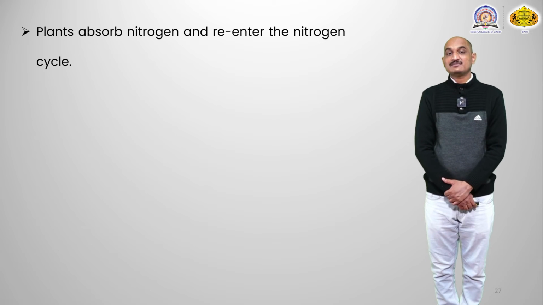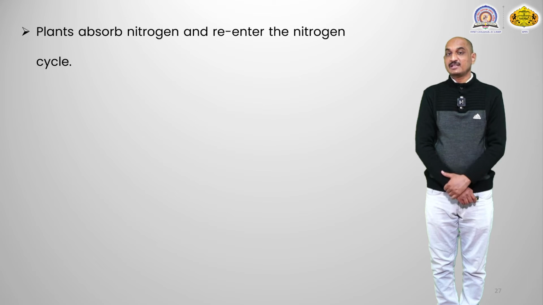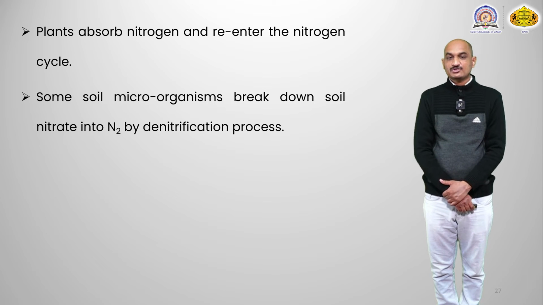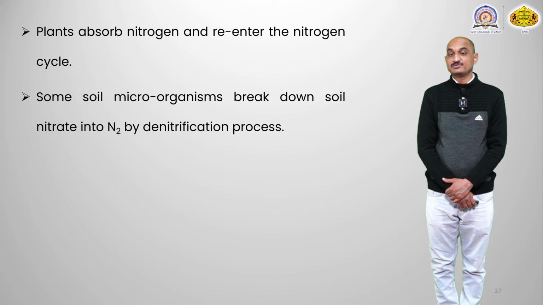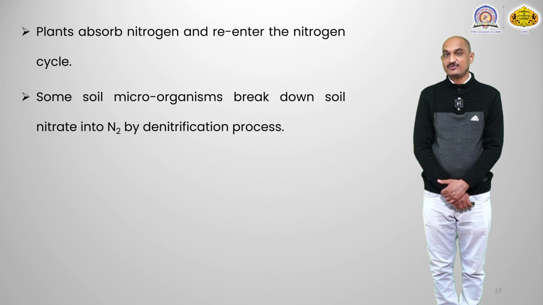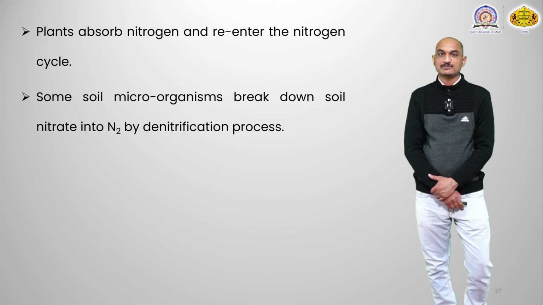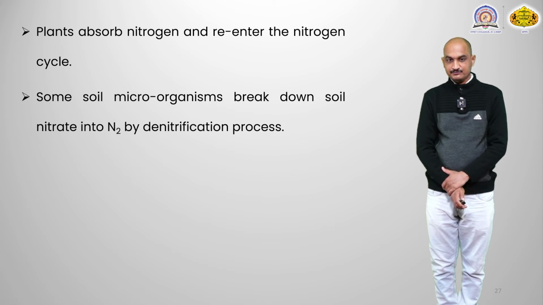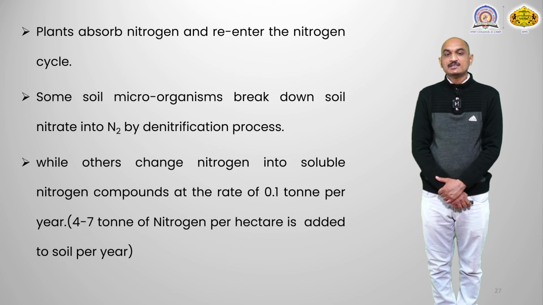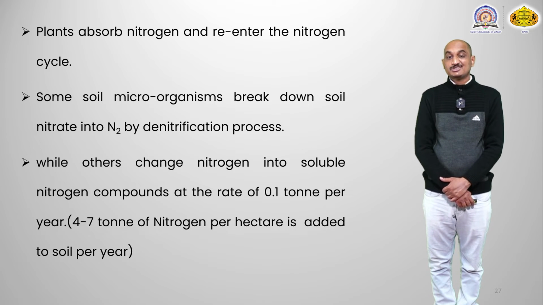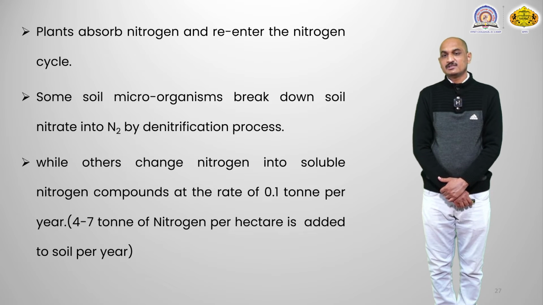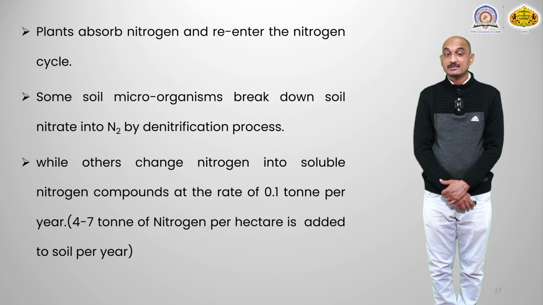So plants absorb the nitrogen and it re-enters into the nitrogen cycle. We know that some soil microorganisms break down the soil nitrates into nitrogen by the denitrification process. That is, the role of microorganisms is also important in the nitrogen fixation or denitrification process, while the others change nitrogen into soluble nitrogen compounds at the rate of 0.1 ton per year.